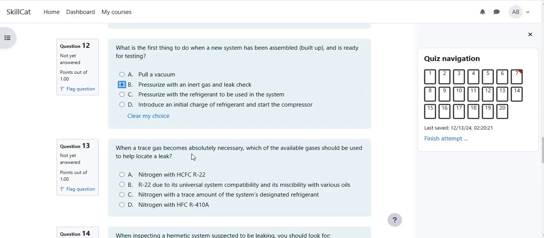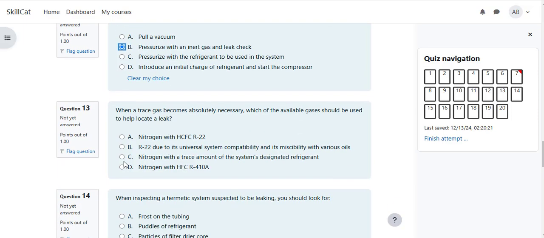When a trace gas becomes absolutely necessary, which of the variable gases should be used to help locate leak? Nitrogen with HCFC R22 due to its universal system compatibility and miscibility with various oils. Nitrogen with trace amount of the system designated refrigerant.